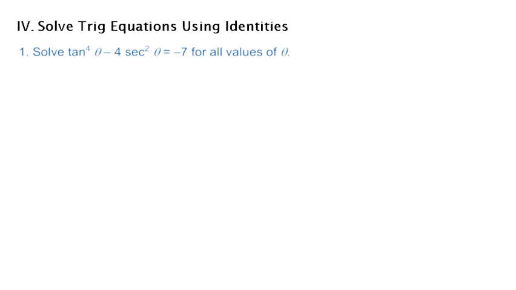I'm going to go ahead and change some of these things over. The thing that I know is the secant squared theta. I think I can change that to the tangent of theta. So if you recall, tangent squared theta plus 1 is equal to the secant squared theta.